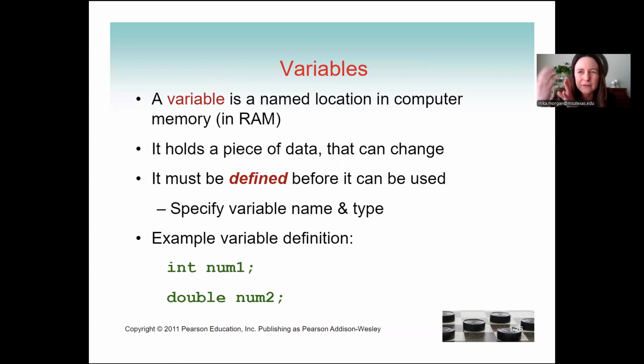You can think about it like a variable in math, right? Like we might say x equals 3 plus 4. So, okay, you do 3 plus 4, you get a 7. x equals 7, right? x is a variable and it has some value associated with it. You have to create the variable before you can put information in it, before you can store something in it.